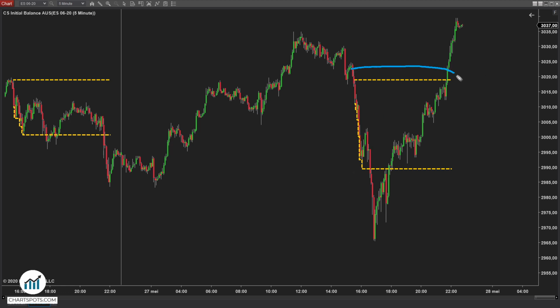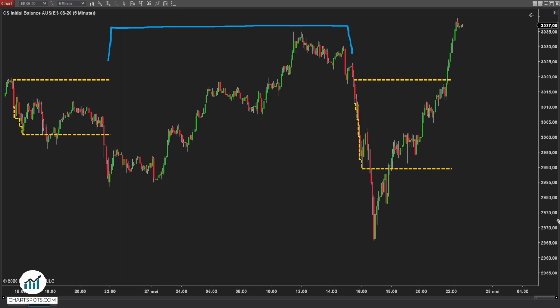The yellow lines you see here and here are basically the initial balance, so the high and low set during the first hour. Similarly, this was the session from yesterday, also showing the initial balance. This means that the other part of the chart is basically the overnight session.